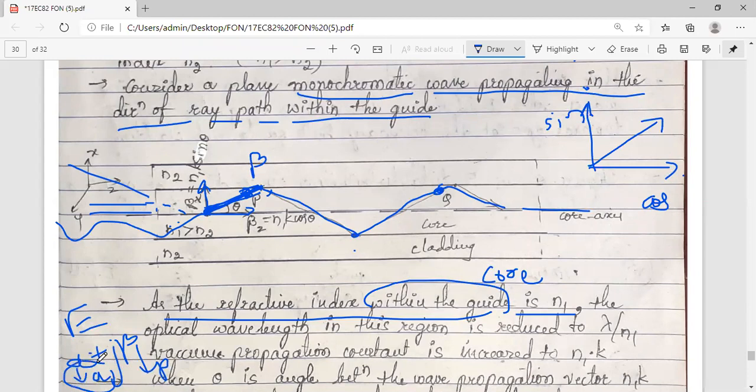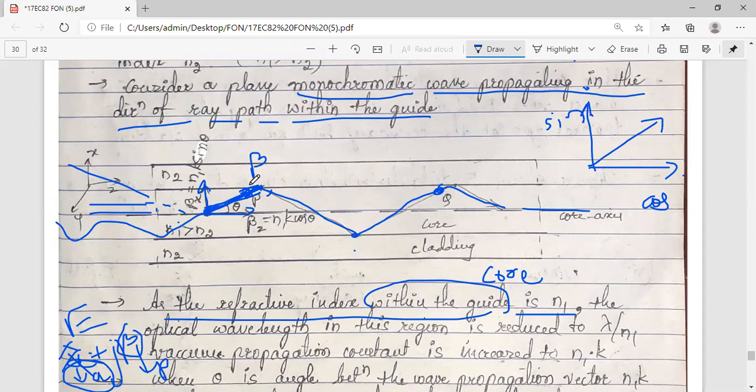We are not considering the attenuation here, because I have already told you many times in the historical development that attenuation losses are very small compared to all other media we were using till now, like coaxial cable, 0.15 dB per kilometer or so, very less. So let us avoid this as negligibly small and consider only the beta term.